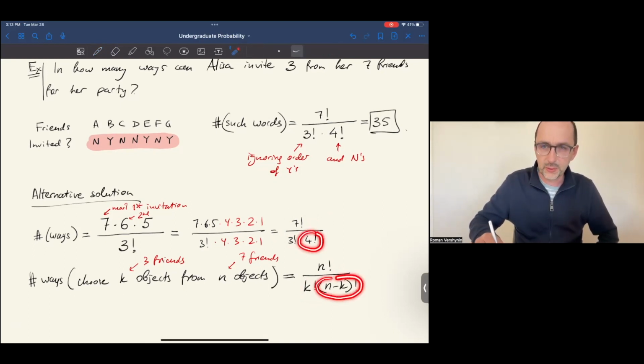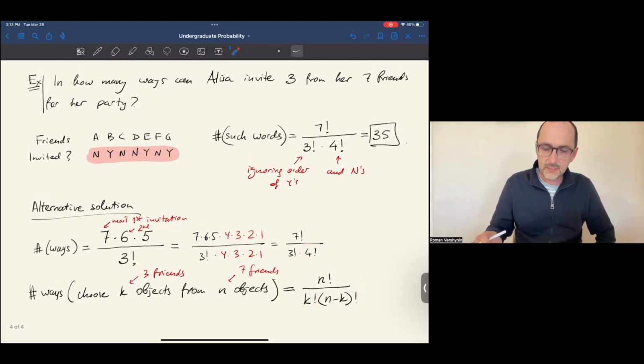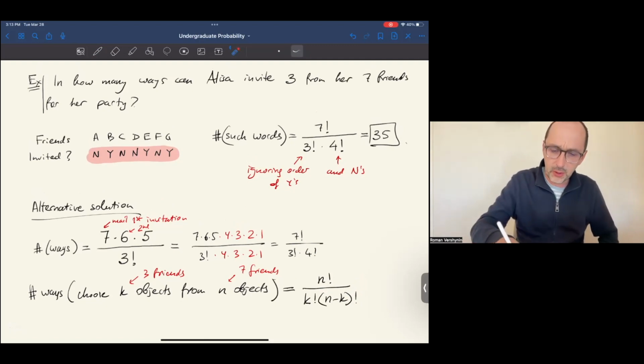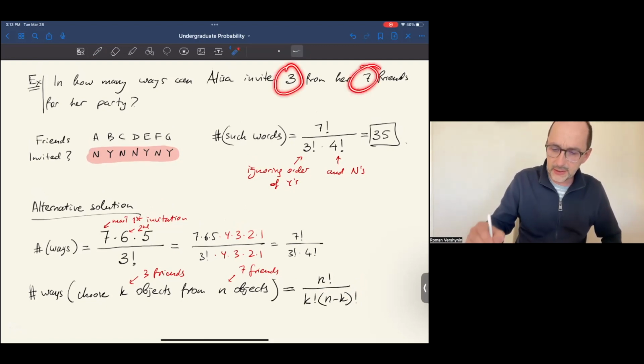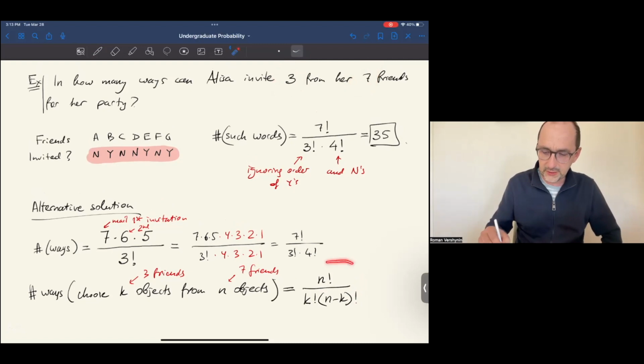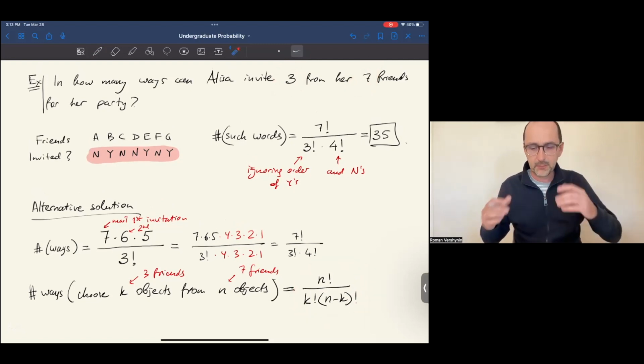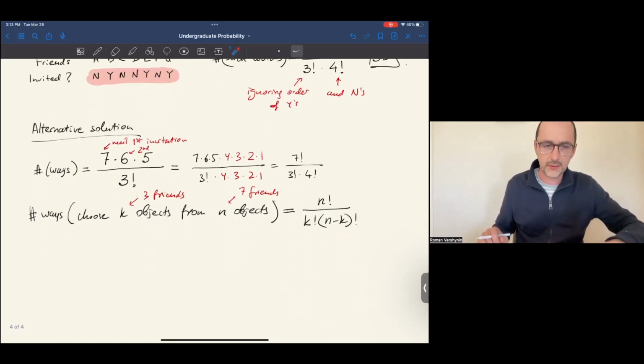That was 4 factorial in the previous example. Stop for a moment, think about this. Just redo this problem for general k and n, and you will see that this expression arises as the answer.